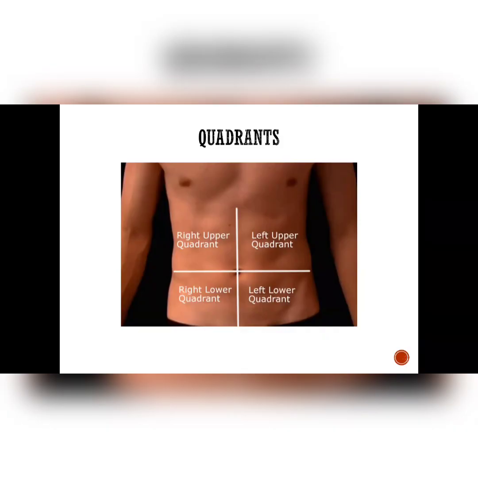These quadrants are delineated based on vertical and horizontal lines passing through the umbilicus. So this is important for you in clinical examination. Please keep it in the back of your mind. But anatomically, we are going to deal with 9 regions of the abdominal wall.